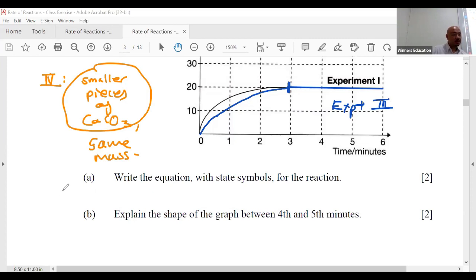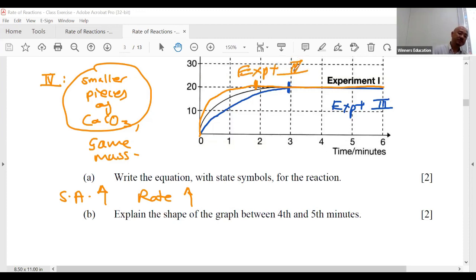It means surface area increases. So I expect the rate to increase. So my gradient to be steeper than the original experiment 1, and the reaction going to end early here. And again, because you use the same mass of the solid. Anyway, the solid is an excess reactant. It will not affect at all. So this is experiment 3.